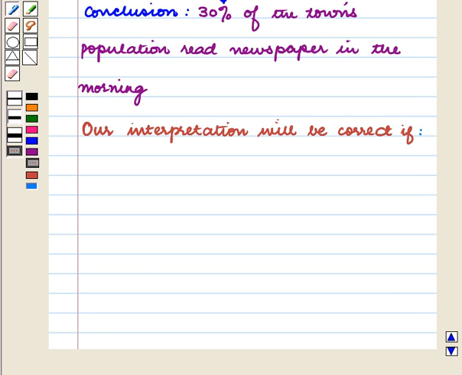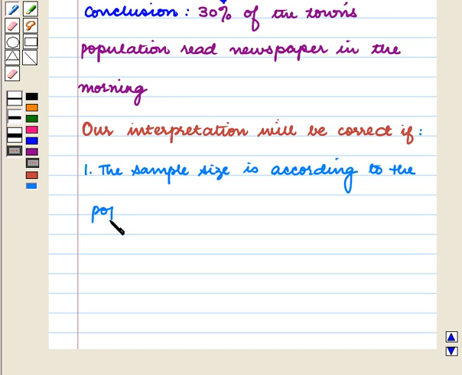But how correct our interpretation is depends on various factors. Our interpretation will be correct if, 1. The sample size is according to the population. 2.